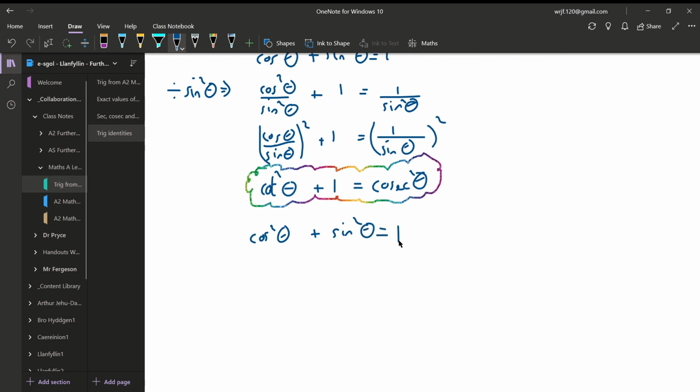And this time, if we decide to divide through by cos squared theta, clearly cos squared theta there is going to turn into 1. Here we're going to have sine squared theta over cos squared theta.